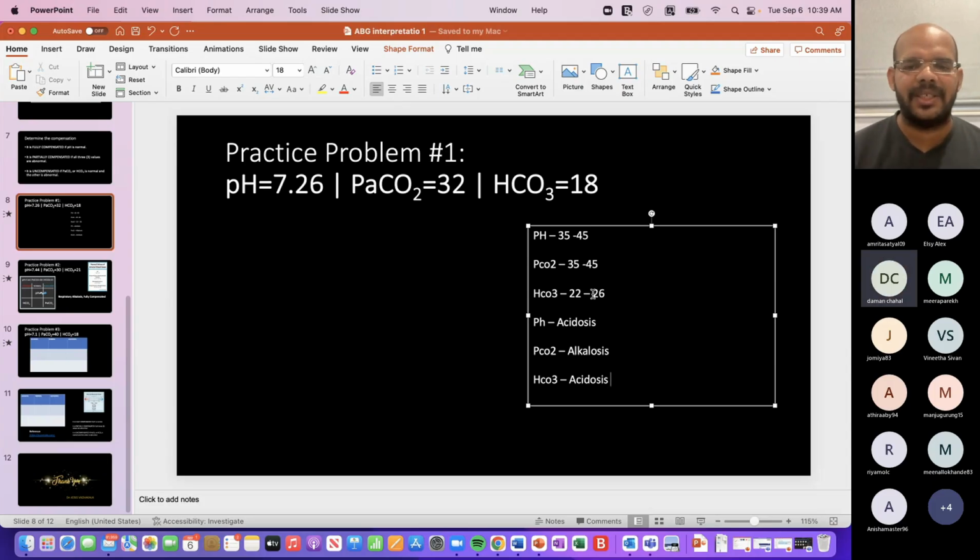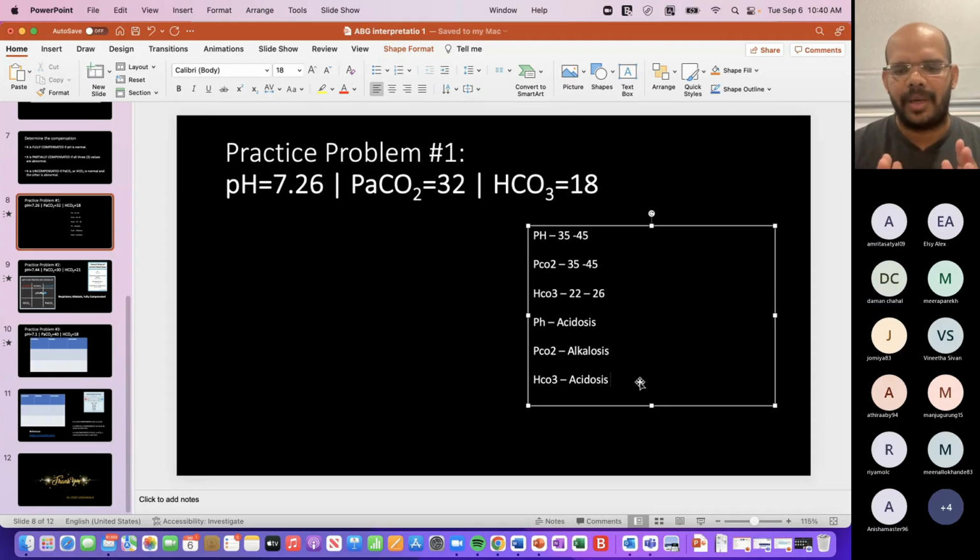You have to match pH with respiratory or metabolic, whichever is matching. pH is decreasing and bicarb is decreasing. So it's metabolic acidosis.